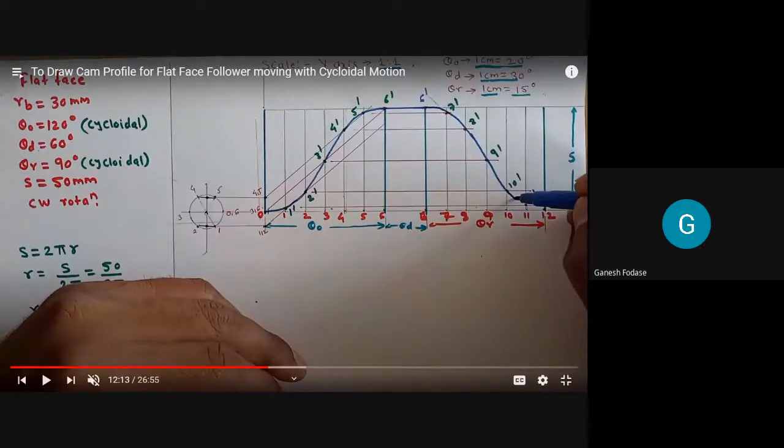Good. So you explain, please, those who completed drawing the displacement diagram. Please explain, anyone. Just the displacement diagram to draw when the follower motion is cycloidal motion.